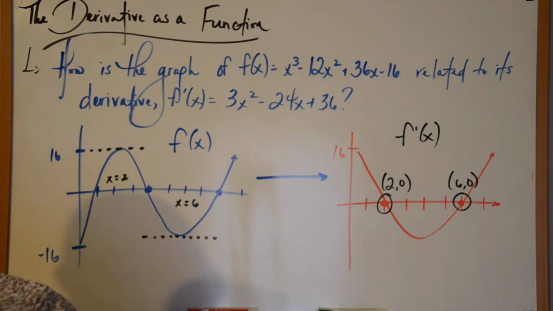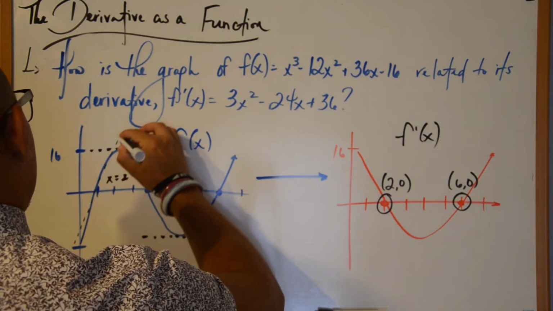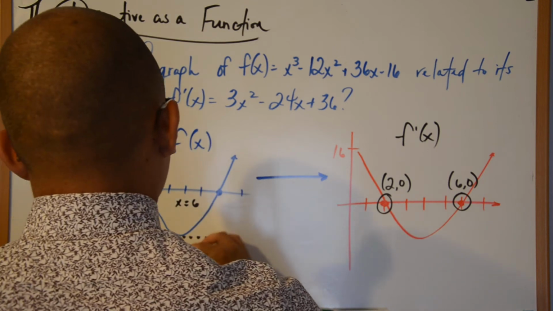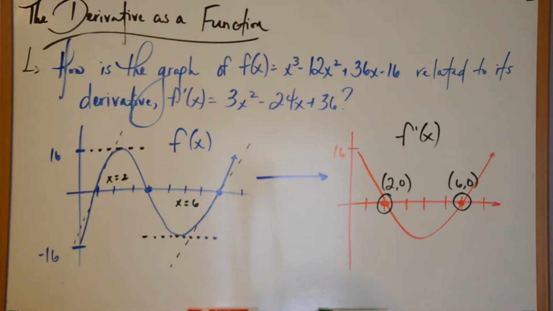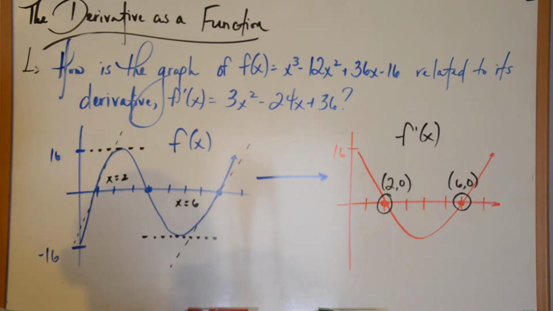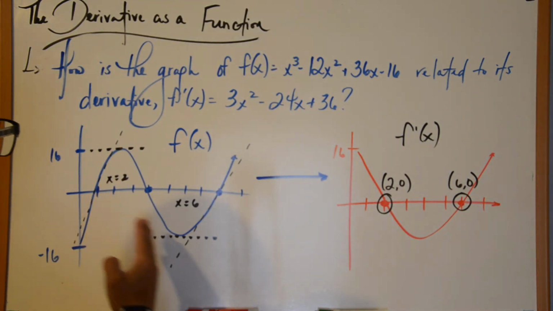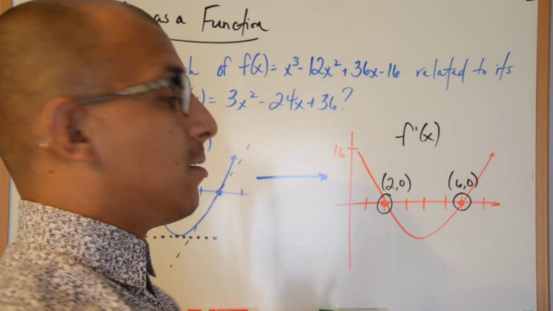Now, if we were to draw in some dotted lines for our positive slope tangent lines, we can see that from 0 to 2 and from 6 onwards, the slope of the tangent line is positive.